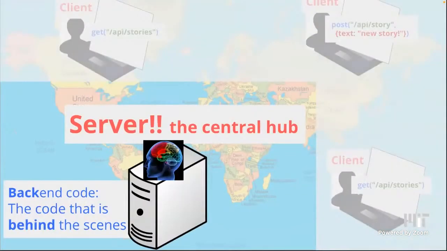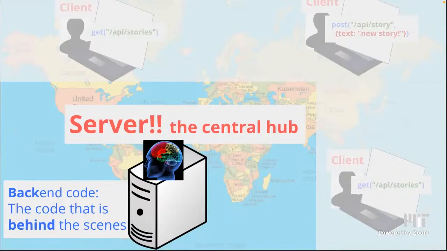And then there's the backend, the server. And the backend is kind of like the central being that connects all the front ends, in the sense of the front ends or the clients can all send requests to the server and tell it to add a story or add a comment. And then the server keeps track of all the information, the collective hub of everything on your website.